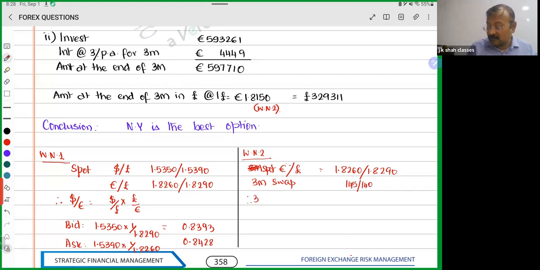Therefore, 3-month euro pound equals to 1.8260 minus 0.0145 is 1.8115, and 1.8290 minus 0.0140, 1.815.